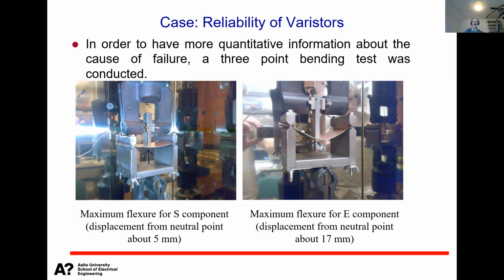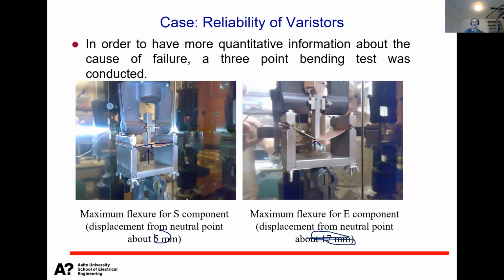And then we measured how much deflection we need in order to break the component. The typical value, so how much this board was bending downwards, for S was 5 millimeters, and for this E, it was 17 millimeters.